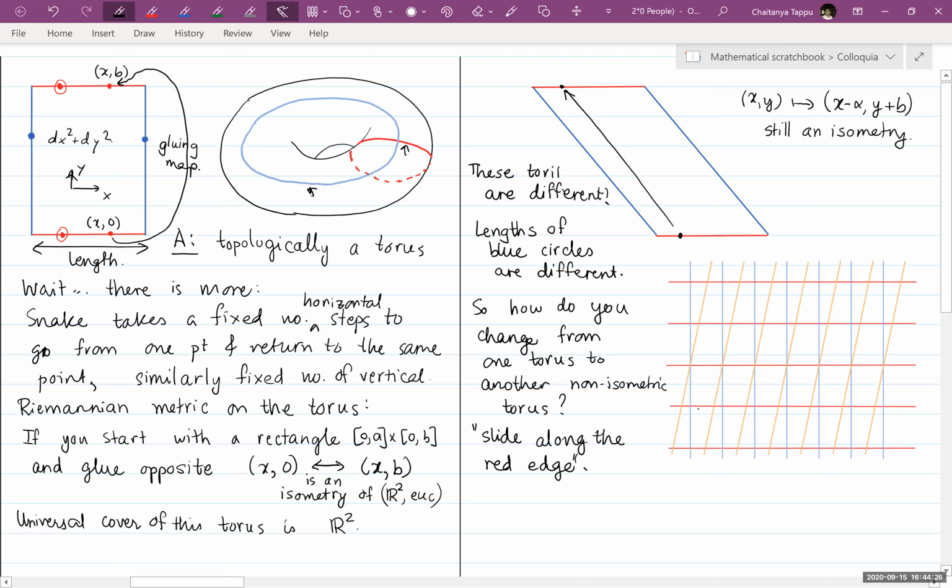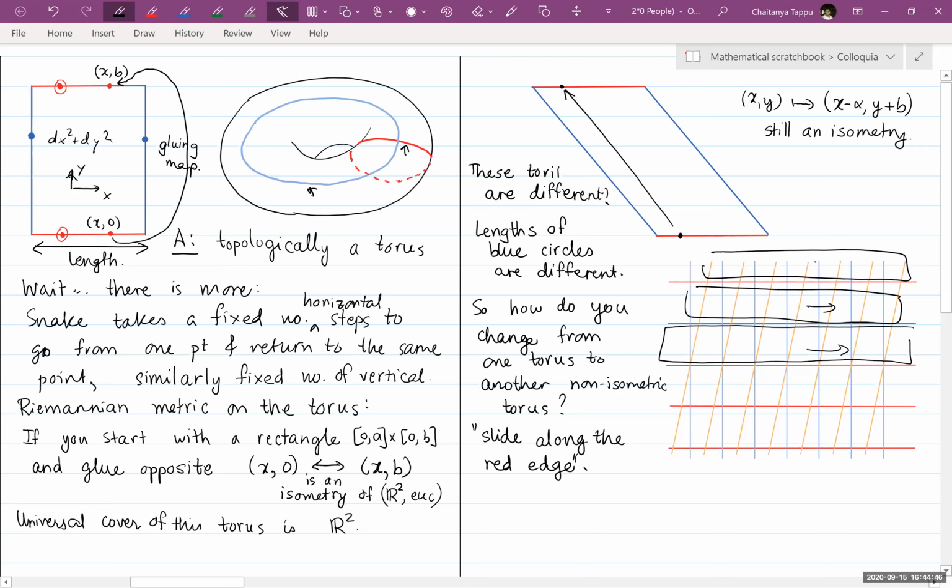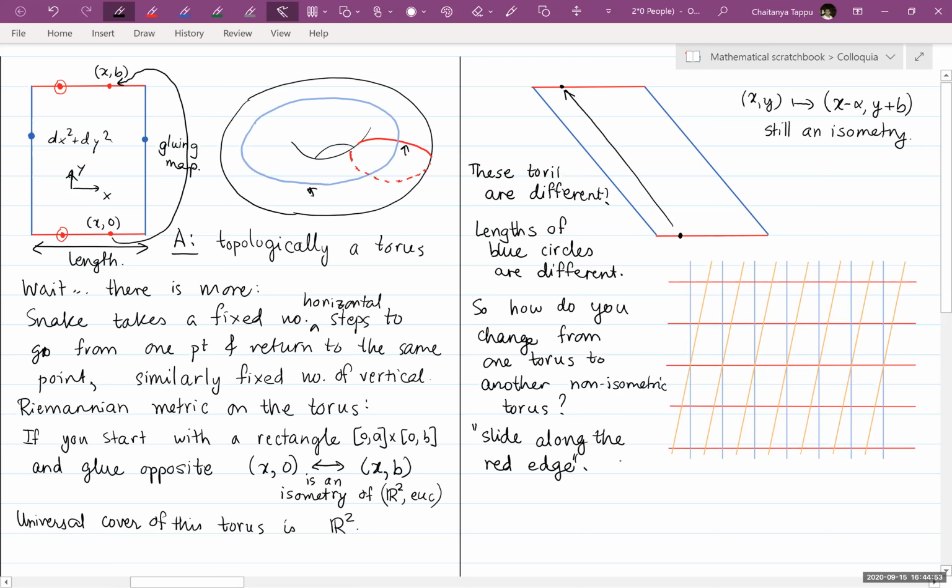And as you can see, I'm basically taking the vertical lines and just sliding them along the red curve. So I'm taking each of these pieces and they're being slid across from each other. And this is an earthquake.